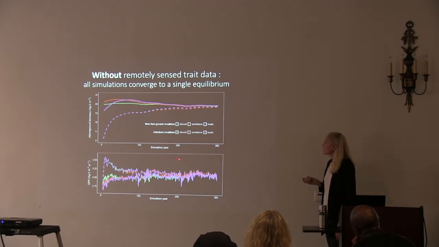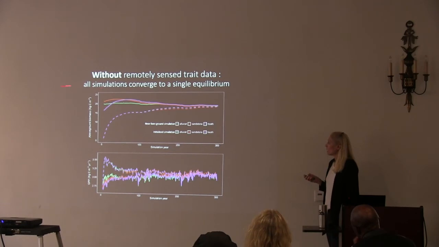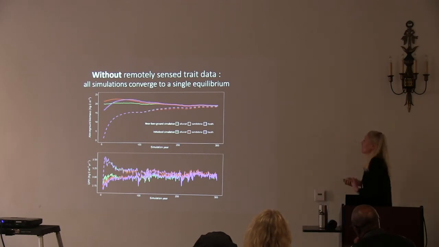And what you can see is that over this 300-year run, all of these simulations converge to a single equilibrium. Despite capturing these differences in the beginning from the initialized plot data, the model thinks there's one type of tropical forest. And so it's not doing what we want it to do. And we see the same thing in terms of GPP.